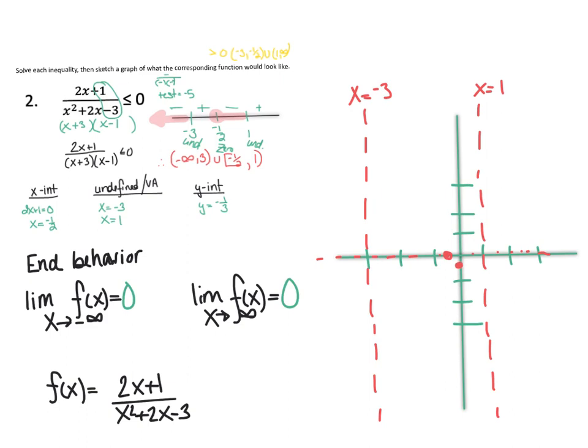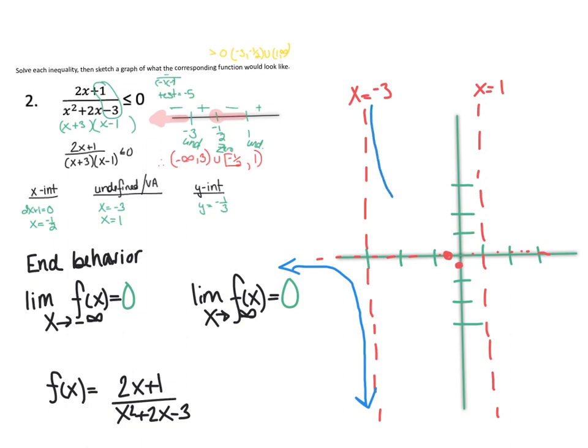So I am going to sketch my function here in blue. I'm going to say it looks like this. I'm undefined at -3, then it equals 0 at -1/2 and switches to negative.